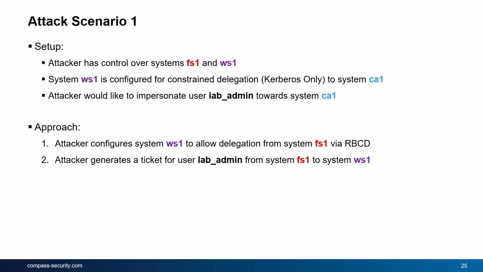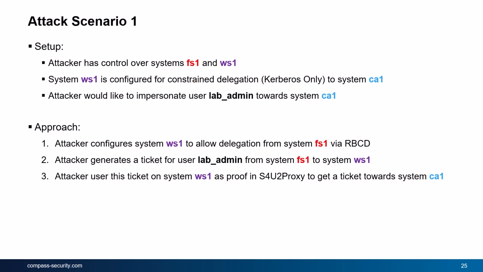Then on FS1, we start the impersonation flow, the resource-based constrained delegation, to acquire a ticket in the name of labadmin towards our WS1 system. And again, WS1 is the system that is configured for constrained delegation. Once we get this ticket, we can pass it along to WS1 and use it to trigger S4U2Proxy and abuse the already configured constrained delegation to get an impersonation ticket towards CA1 in the name of labadmin.